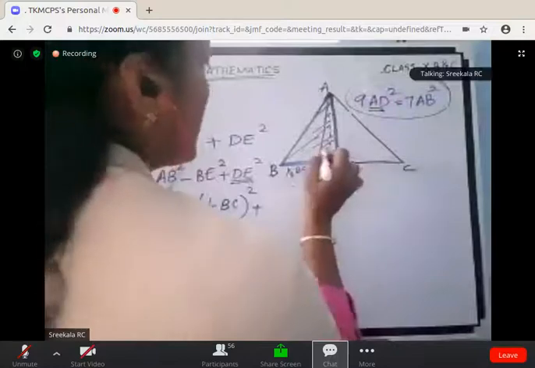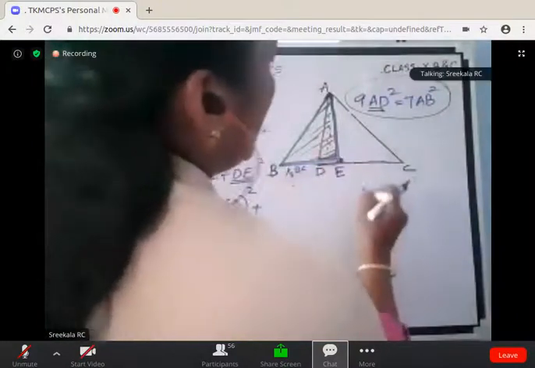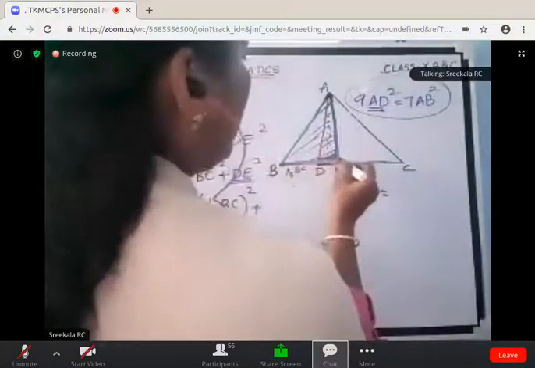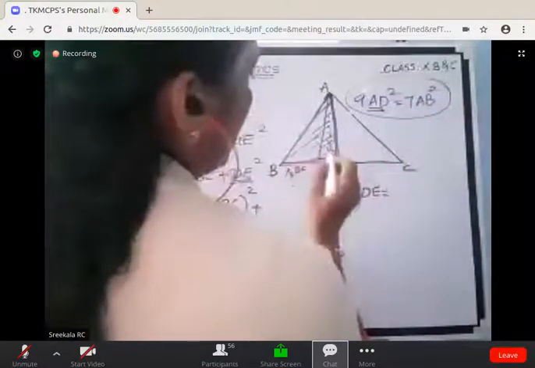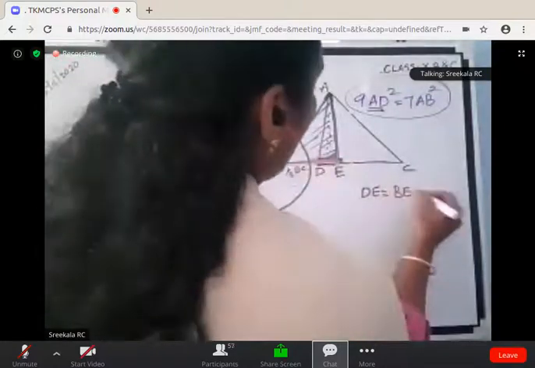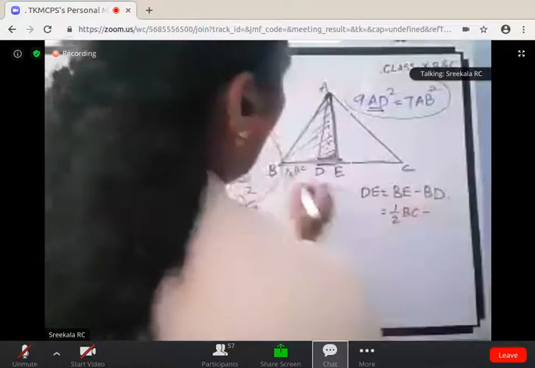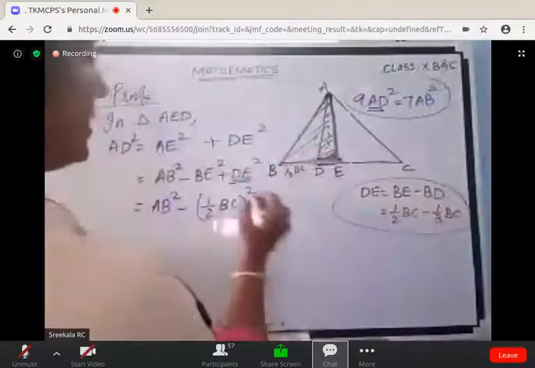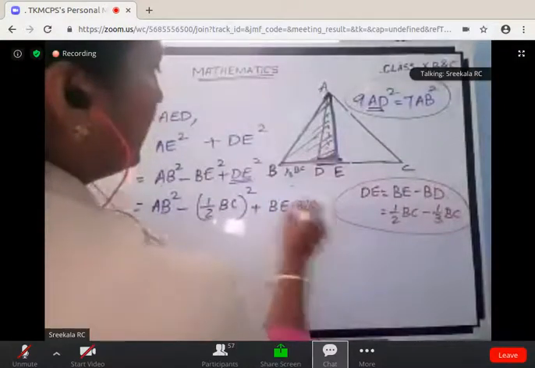DE is this small portion. DE can be written as BE minus BD, because BE we can write as half BC, and BD it is given that 1/3 BC. That's why we convert DE into BE minus BD, the whole square.